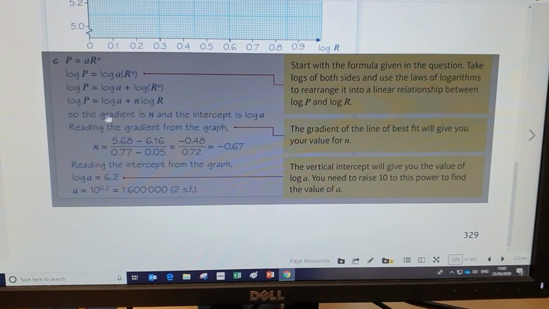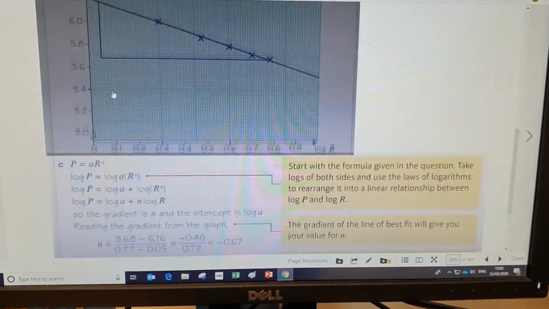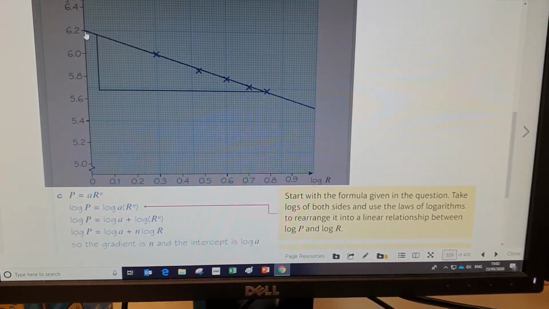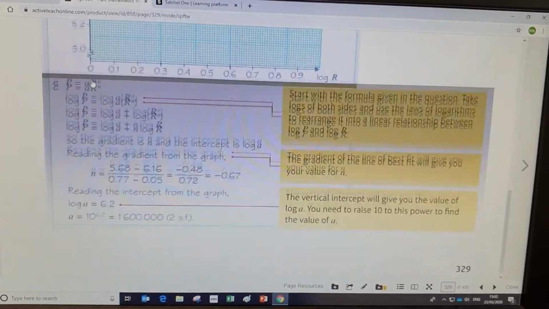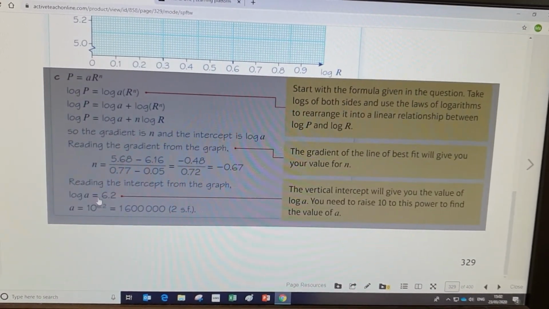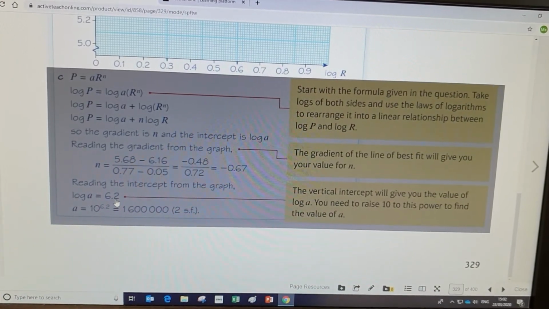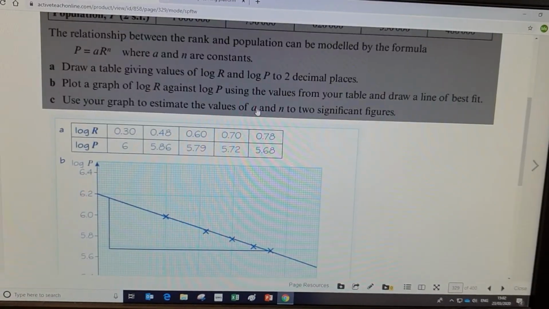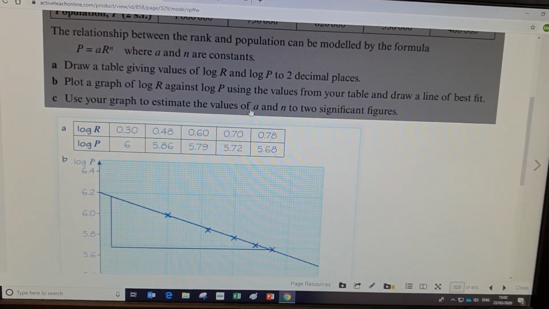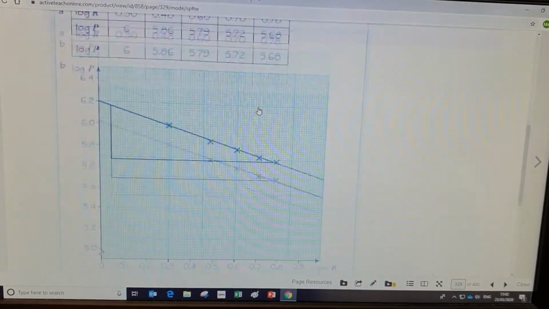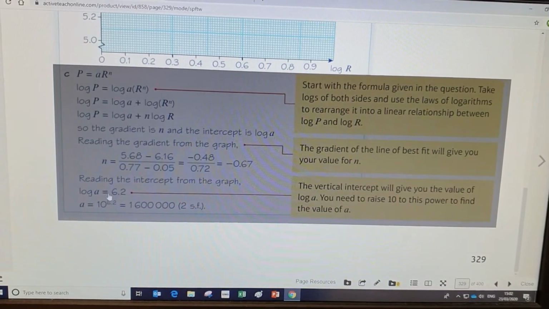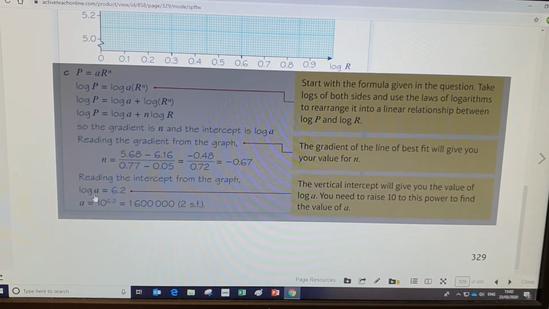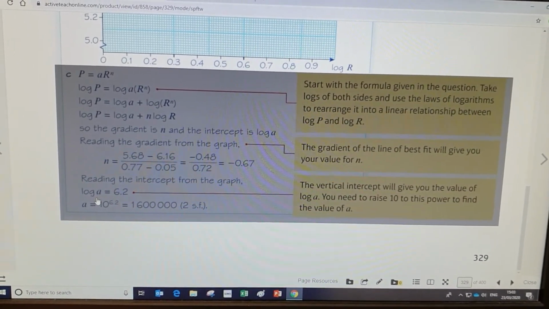So log A is going to be the y-intercept, and we just read that off the graph, and it looks from the graph that it would be 6.2. So log A is going to be equal to 6.2. But the question hasn't asked us for the value of log A, it's asked us for the value of A. So if log A is 6.2, remember that when log has no base written down, it's log 10.